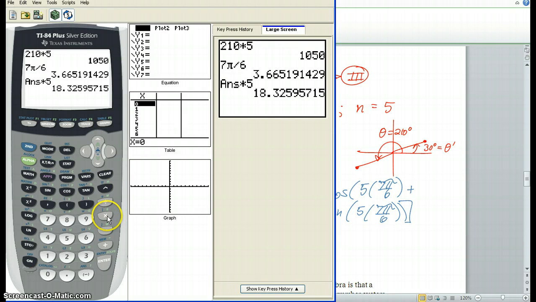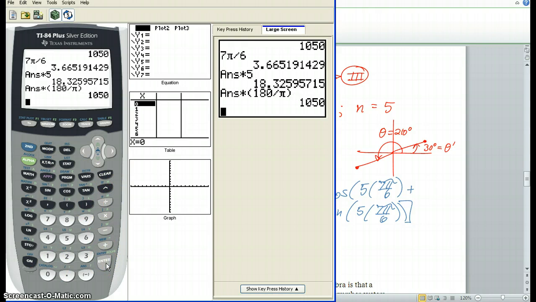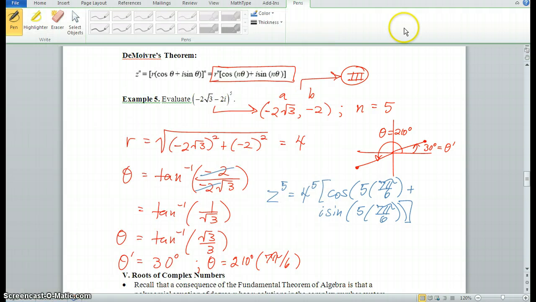Let me use degrees. As we know, we can convert radians to degrees by multiplying by 180 over pi. Okay, so we're back to what we suspected, 1050 degrees. Okay, that was a good little review for us.